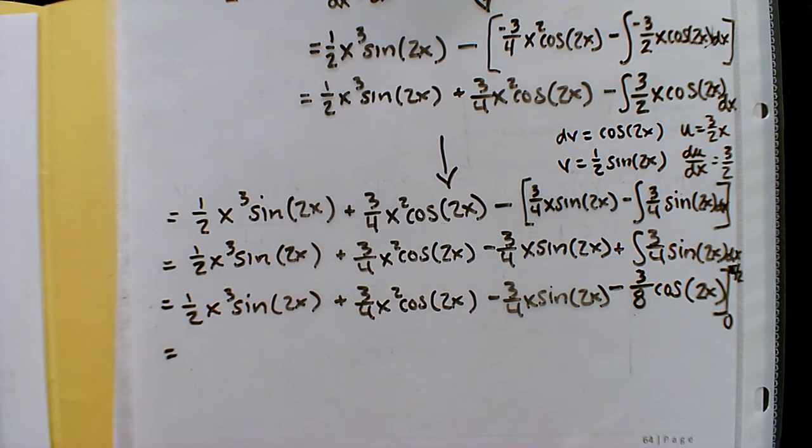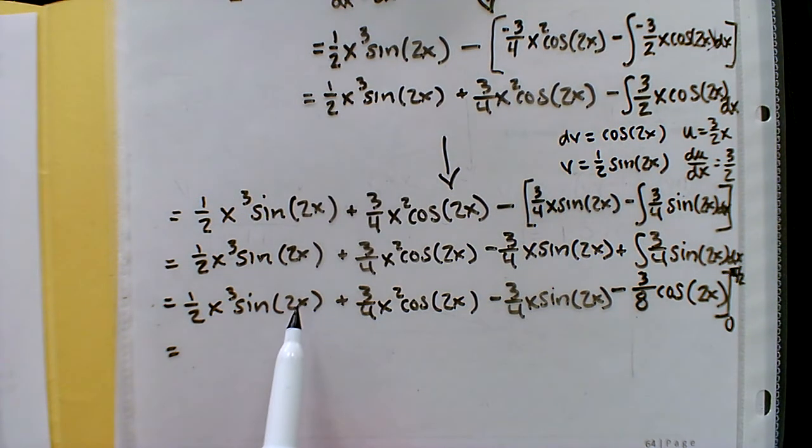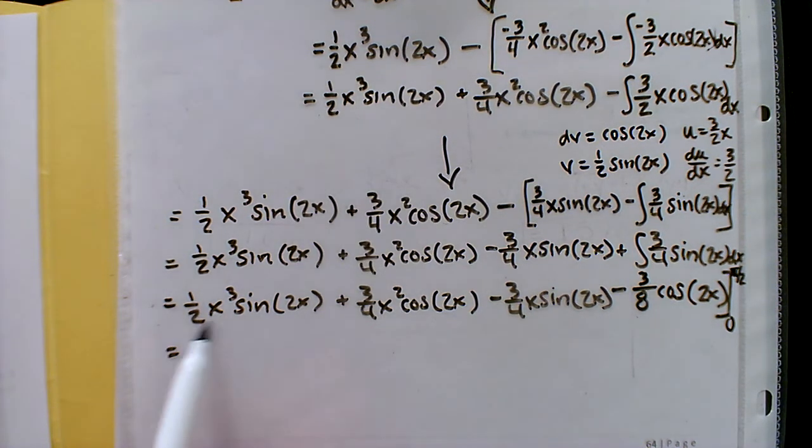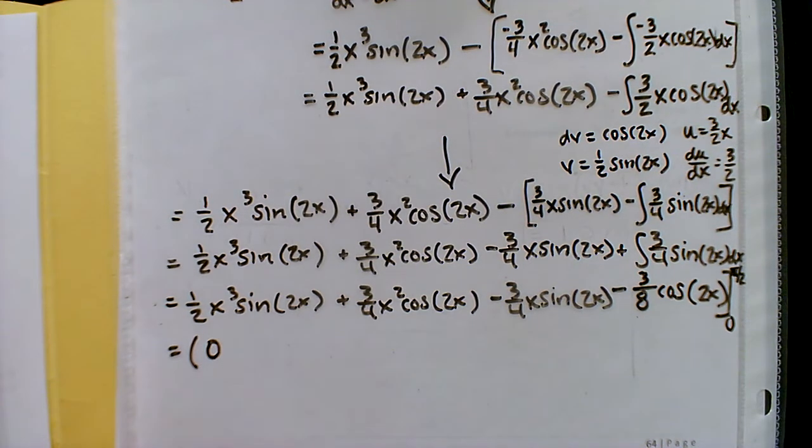We've got to plug in pi over 2 first. In our first term here, if we plug pi over 2 into the trig function sine, it would become a pi. Sine of pi is 0. So it really doesn't matter what else we get from the 1/2 x to the third. Okay, so this first term is 0.